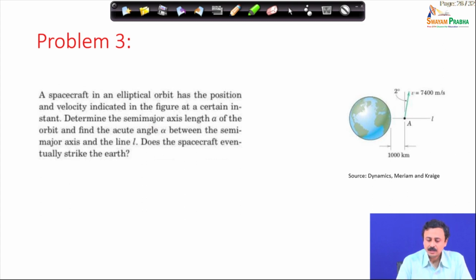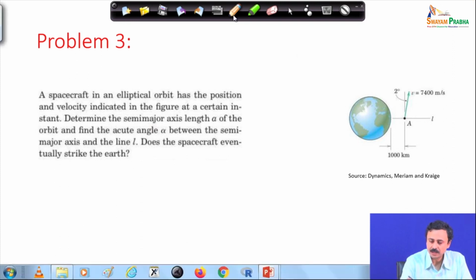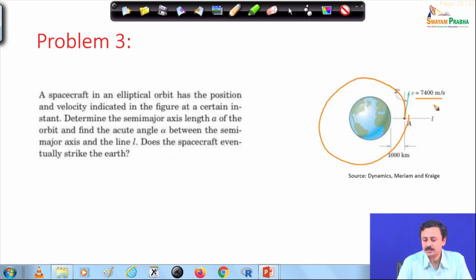This is the question. First thing that is mentioned is this on an elliptic path. Therefore, this satellite was actually moving on an elliptic path. The path has not been shown, maybe something like this, and at this instant, the instant at which it is shown, it has a speed of 7400 meters per second at an angle 2 degree with respect to the vertical.